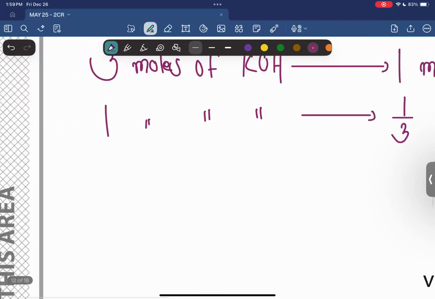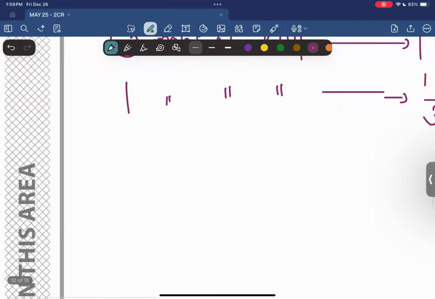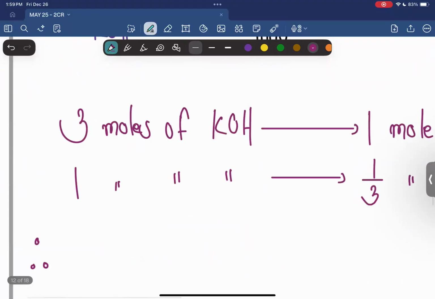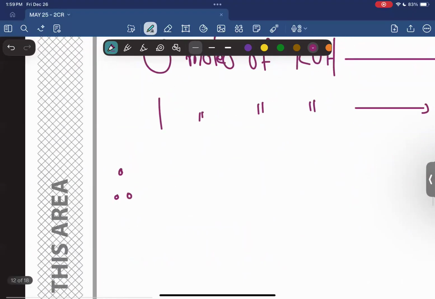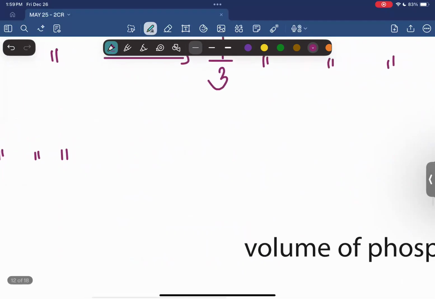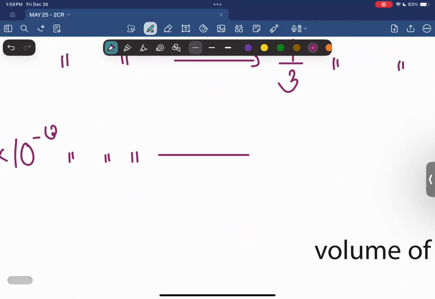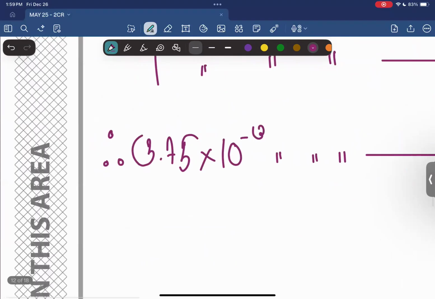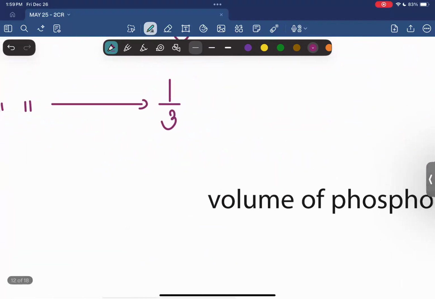Therefore, 3.75 into 10 to the power minus 3 would react with 1 by 3 times 3.75 into 10 to the power minus 3.